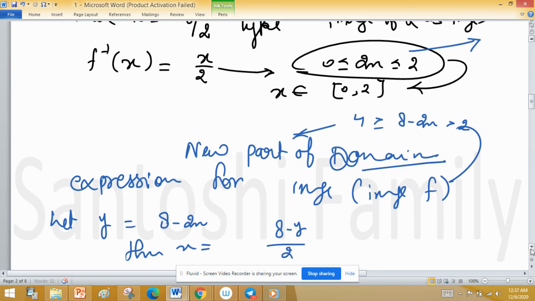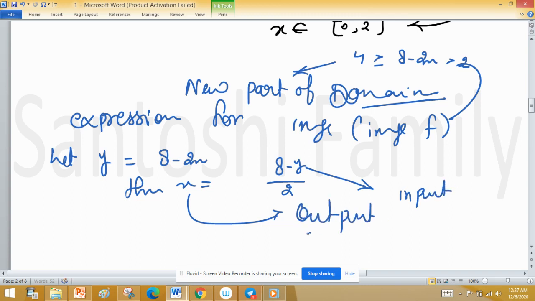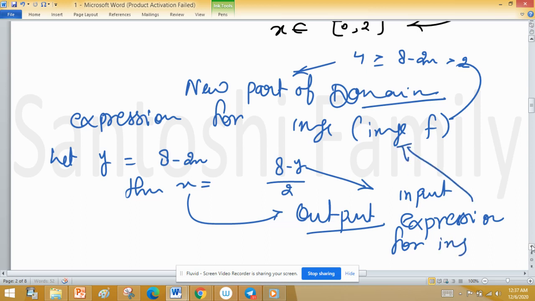And if y is the input, then x is the output. It means an expression for images, as we discussed earlier.